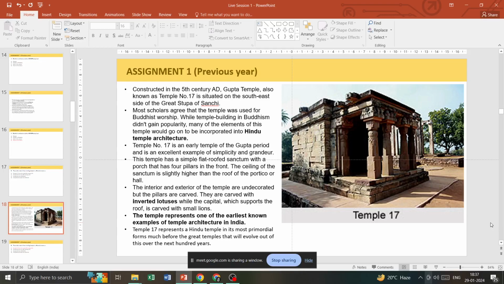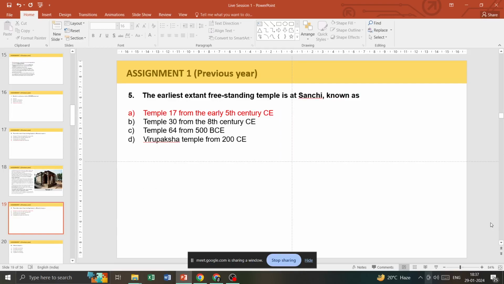So this is a very primitive prototype of typical Hindu temple architecture style, and it has been thought that the great Indian temples that exist today and that have been built over the years evolved from this small primordial form. So this is what is about temple 17. The earliest extant freestanding temple is at Sanchi. It is known as temple 17 from the early 5th century CE.